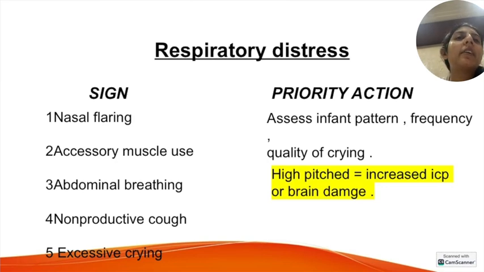Assessment always comes first. And it's very important to know that a high-pitched cry means increased ICP or some type of brain damage. This is why it is most important to do assessment before interventions. So always remember, we do assessment before interventions on any client.